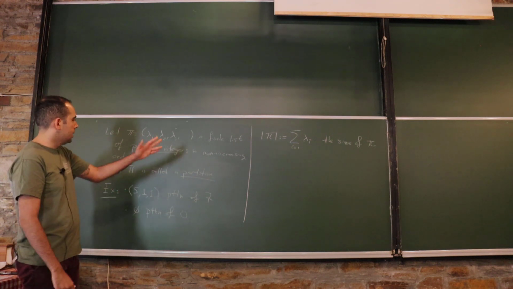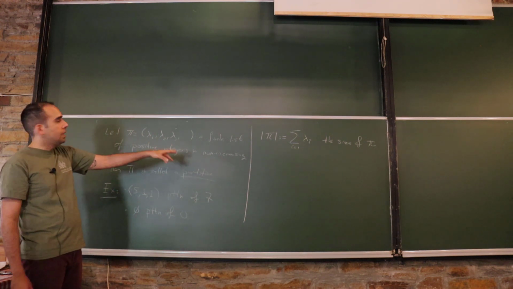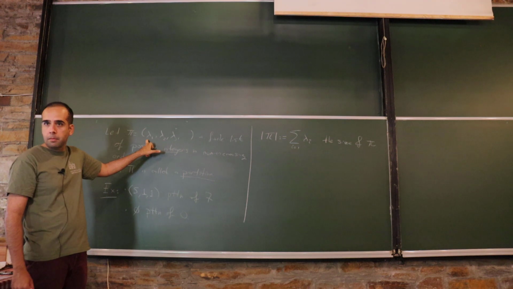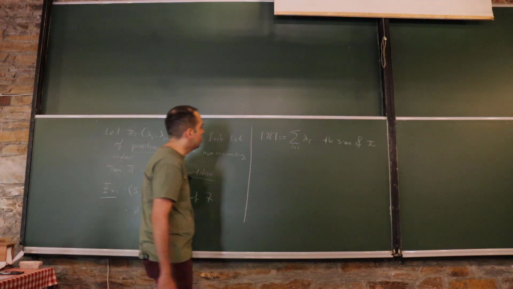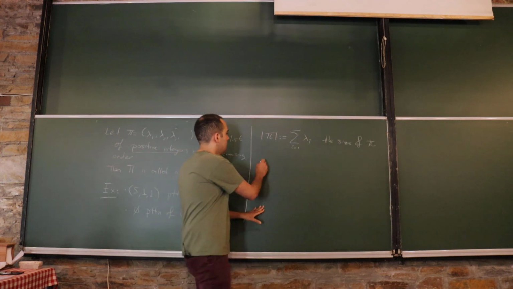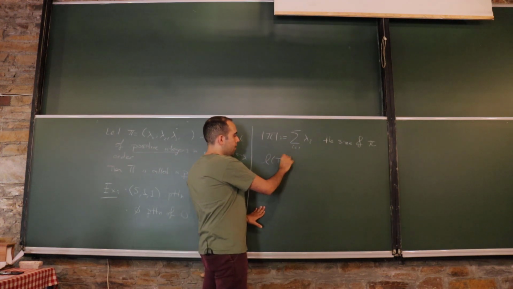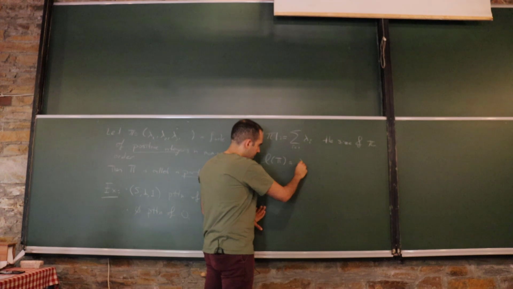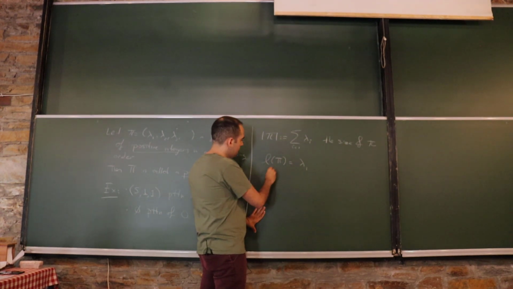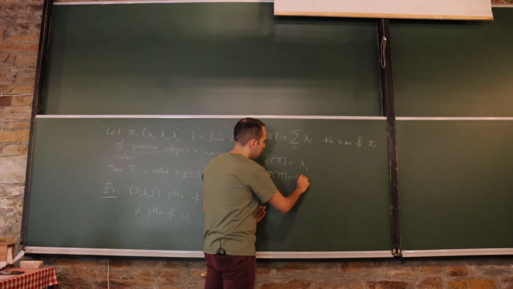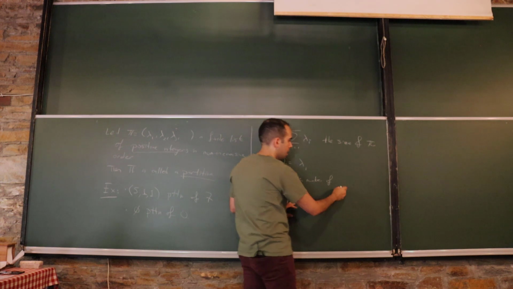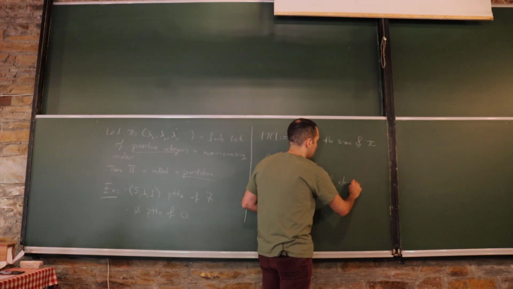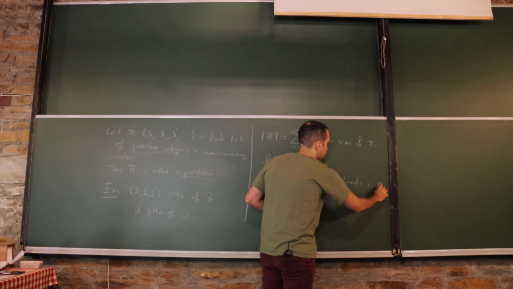Cool. So we pick non-increasing, so the first part is the largest part, and it has finitely many parts. We can give some notation to that too. L of pi, the largest part, is lambda 1, and the number of parts of pi is the number of elements in pi.